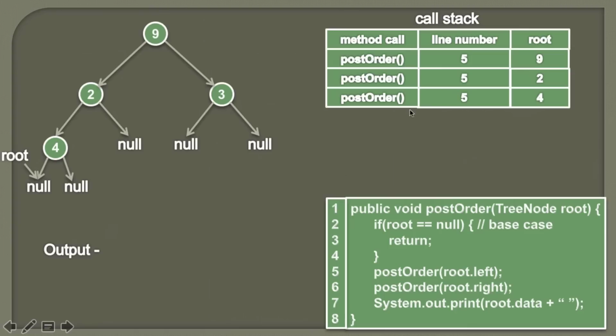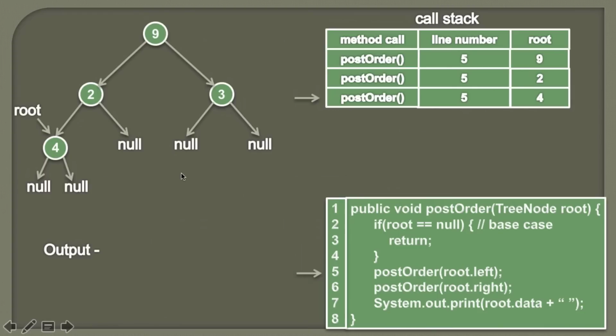We had left this post order method from line number 5, so the point of execution reaches here and we start our execution from line number 5, because at this line we had left this method. And when we had left this method, root was pointing to node 4, so now root will point to node 4.